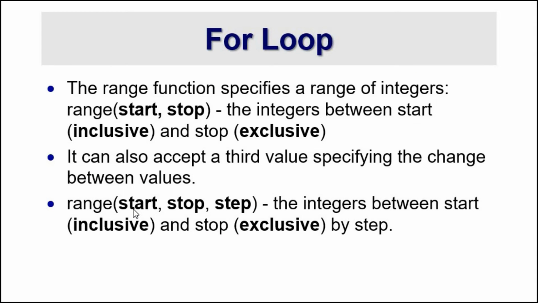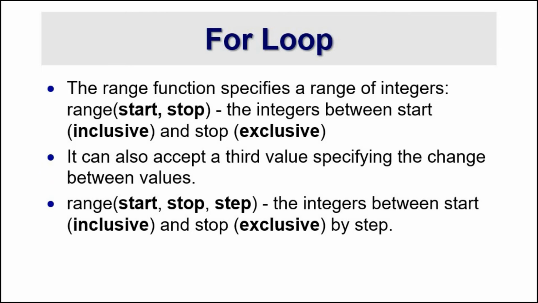Okay guys, so there are two other very important points regarding for loop. Number one is it can also accept a third value specifying the change between the values. So we can also specify a third value. First is the start of the range, second is the stop where we want to stop, and third will specify how the loop should move or execute.